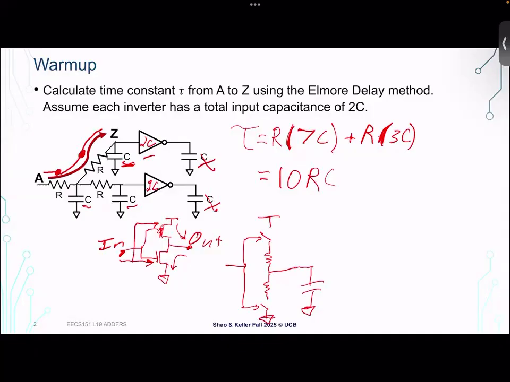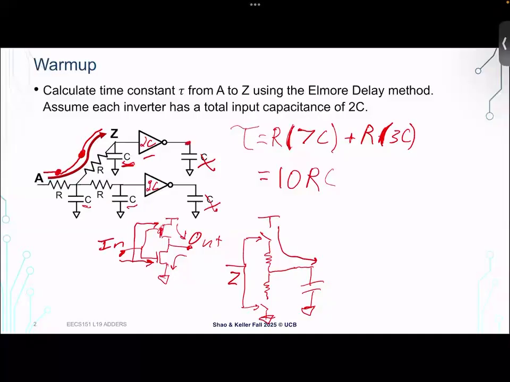So, calculating in this example the delay from A to Z, well, Z is at this node, right? So that gets you as far as the inputs of the inverter. And then for the purposes of this calculation, you would probably assume that the switch closes instantaneously. So there's no time to actually turn on the switch. And then, say you're turning on your PMOS, well, then you just have another path with this R and this C. And so you would add that additional RC to get the delay to the end node.